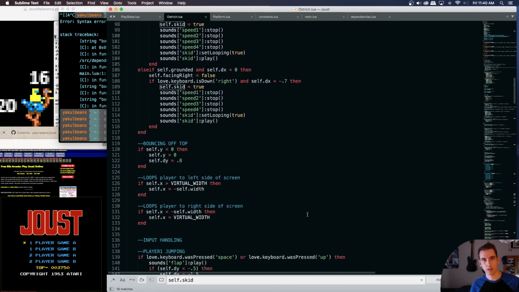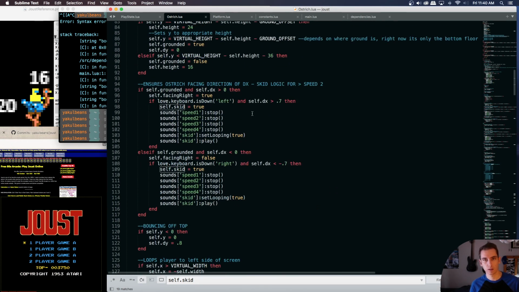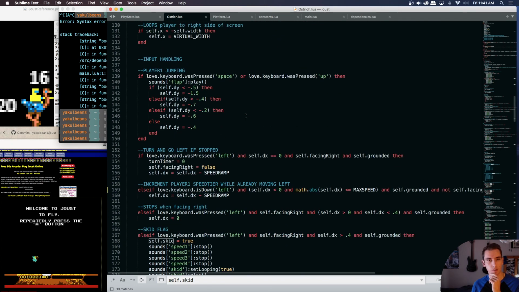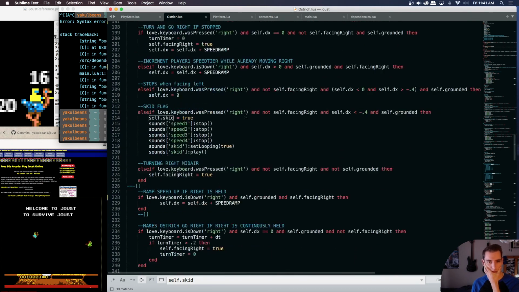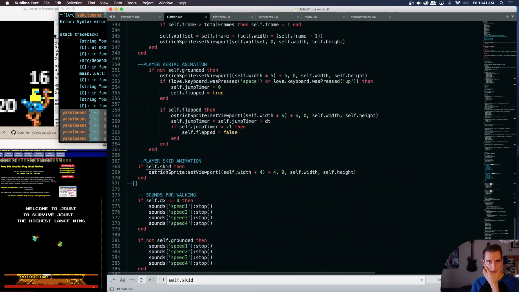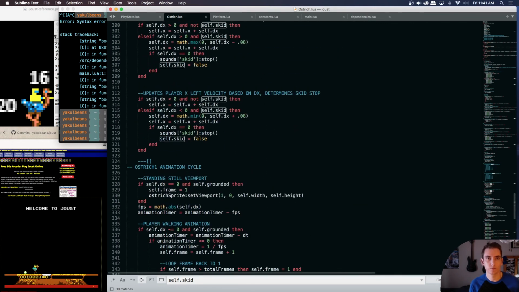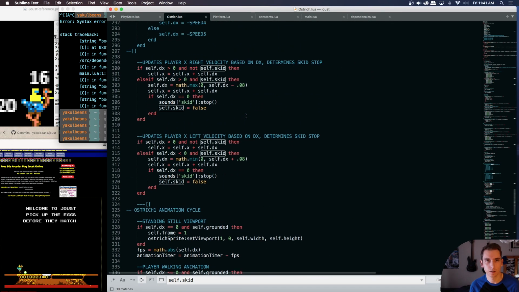Do I need to say keyboard left is down and dx is bigger than 7, then skip to true? And then where's my skip logic again? How do I do that? I always seem to not find that here.